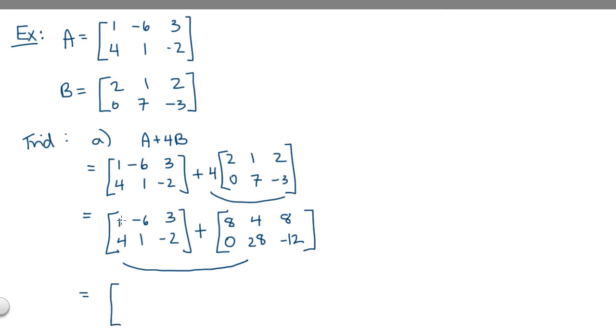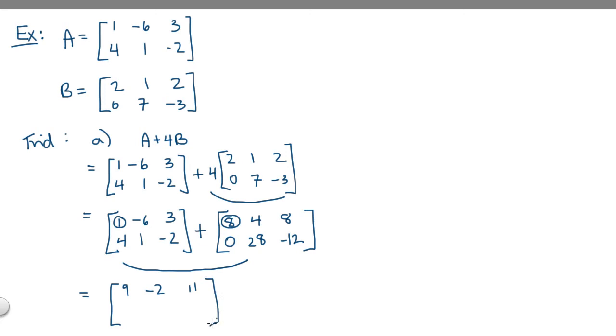So if we look at our top left position in our two matrices, 1 plus 8 is 9, and we're going to go through and do each of our addition operations on each separate element of the matrix. So moving across that top row, we're then going to pair up the negative 6 and the 4. So negative 6 plus 4 is going to give us negative 2. 3 plus 8 will be 11.